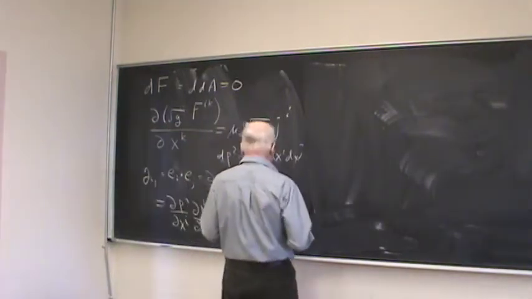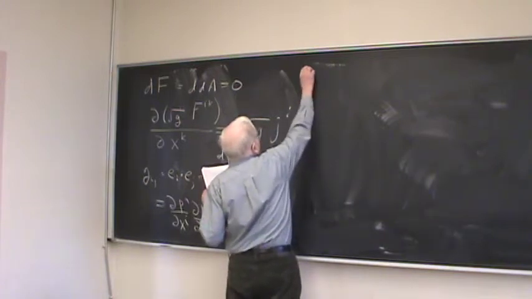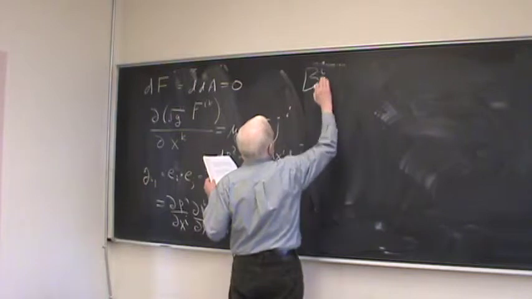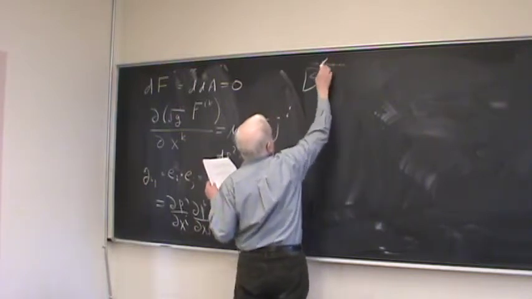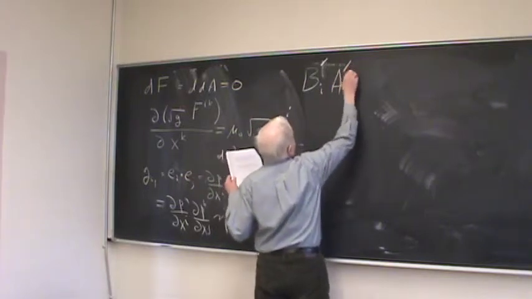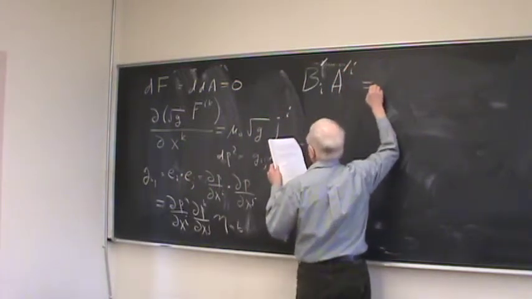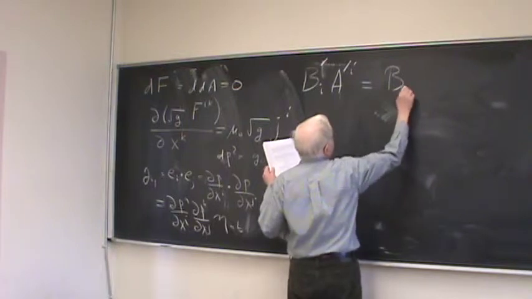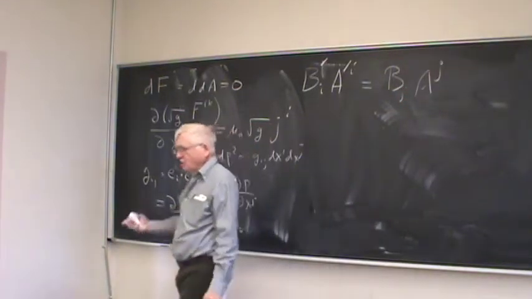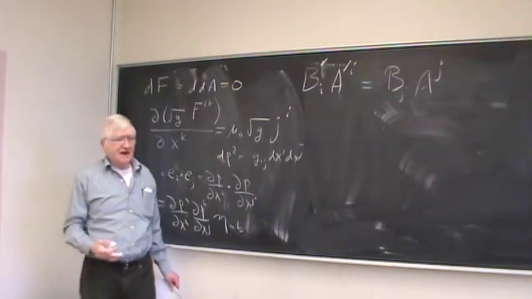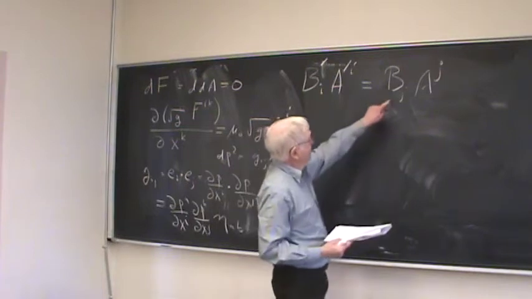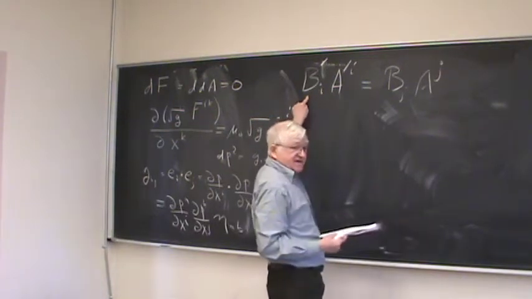So suppose we have b_i, and b_i prime is b_i in the other coordinate system. Suppose for all contravariant vectors A, this B thing satisfies this rule.